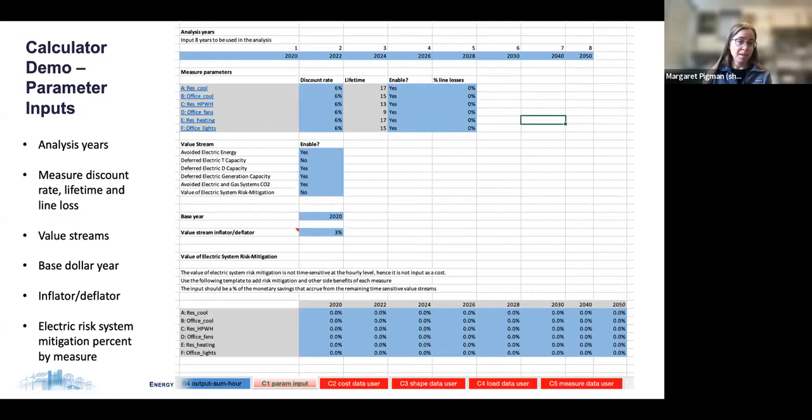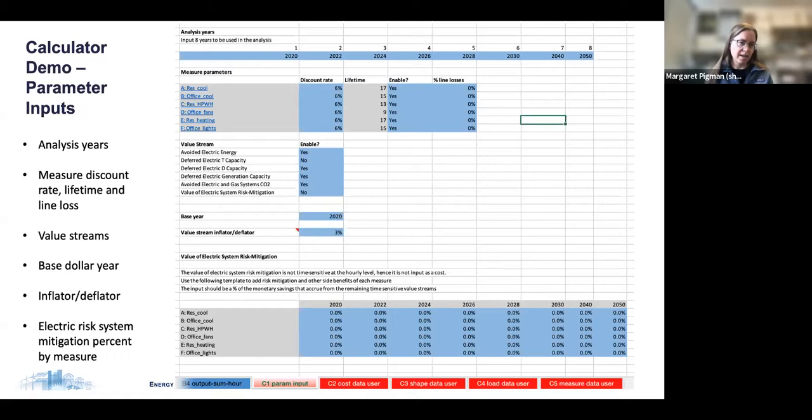So if you are interested in comparing across locations and therefore have different avoided costs for one measure versus another, you would run the calculator twice with the 2 different types of value streams.